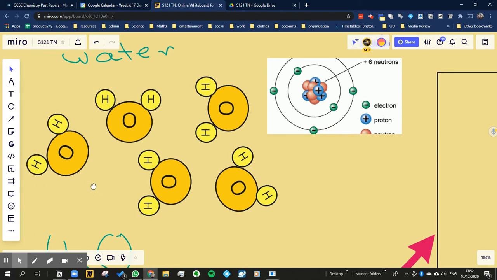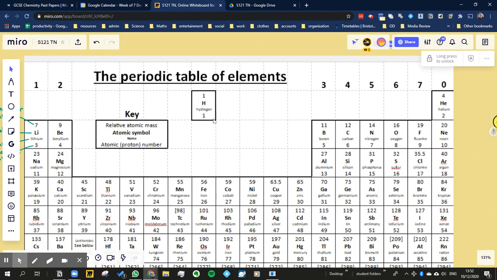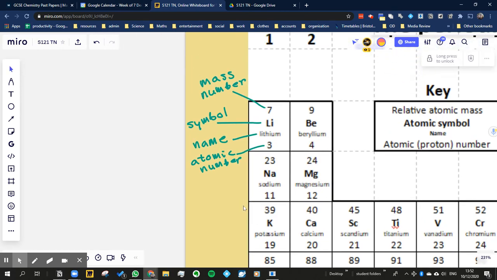So if we look back at this periodic table, we had this atomic number, 1, 2, 3, 4, and so on. I said I was going to say this at some point, so I'll explain it now. The atomic number is the number of protons. So atomic number tells you the protons.